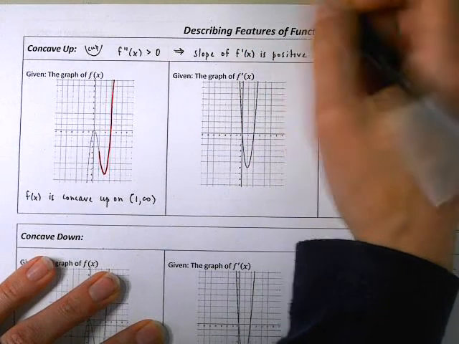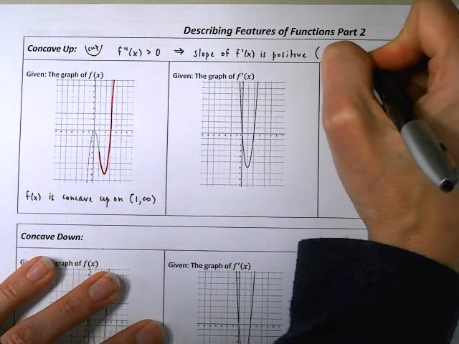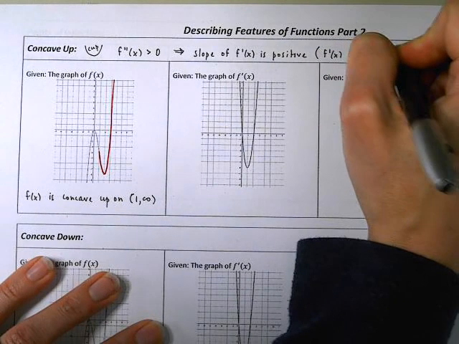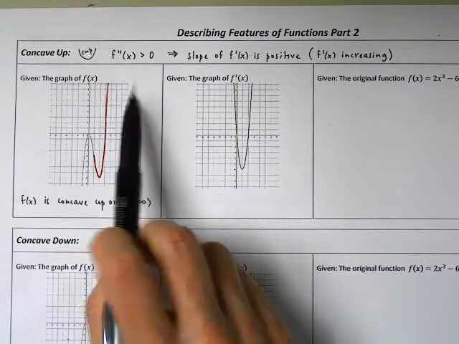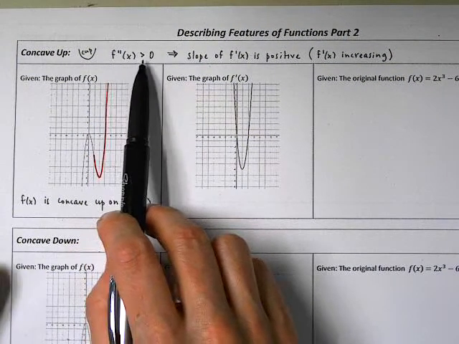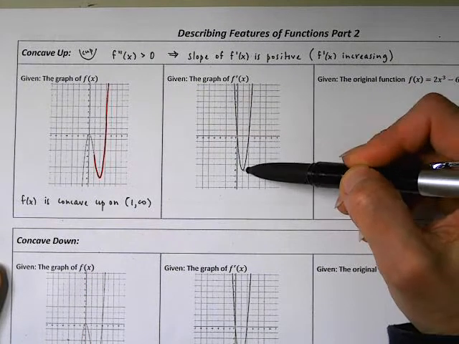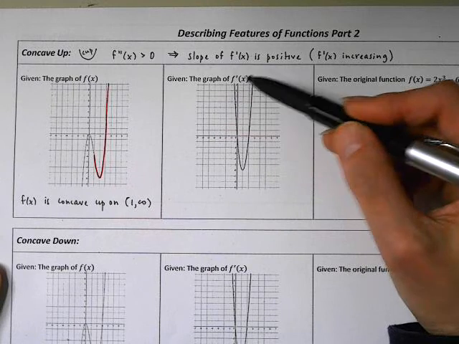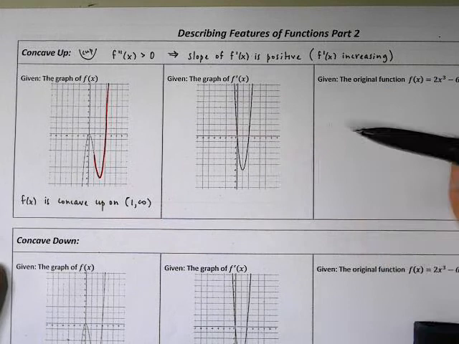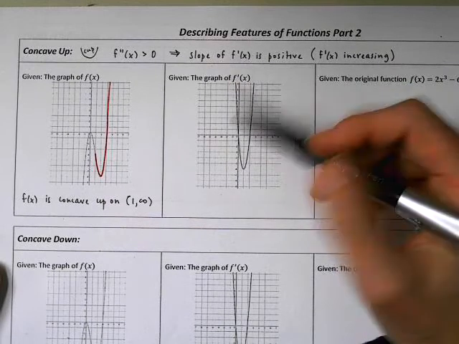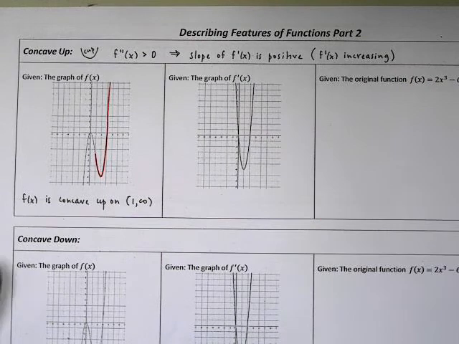Or in other words, where is f prime of x increasing? So in other words, to say this again, we know that the second derivative is greater than 0 where the slope of our first derivative is positive. I know the slope of my first derivative is going to give me that second derivative, and I'm looking for where that's positive. So I'm going to have a positive second derivative wherever my first derivative is increasing.